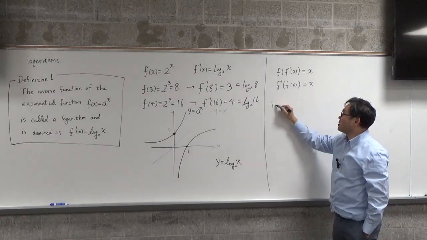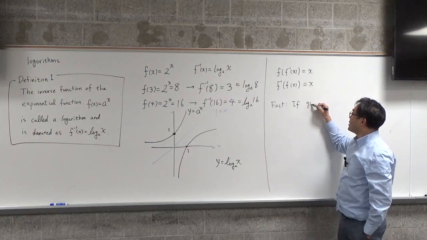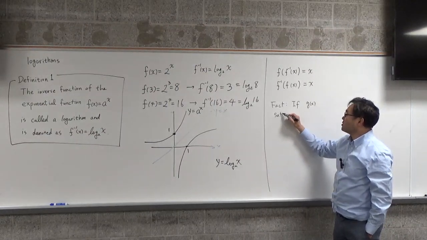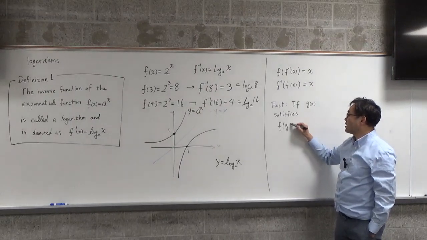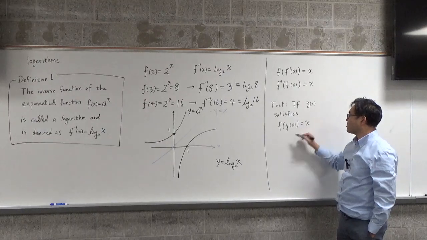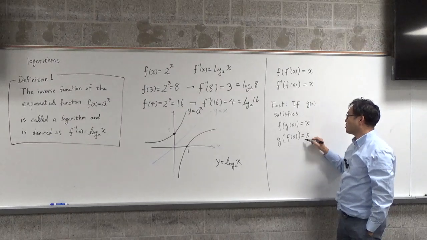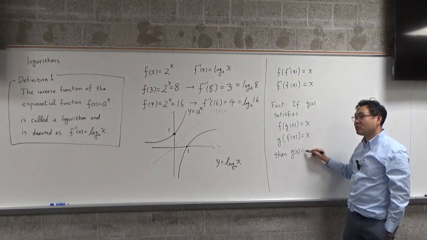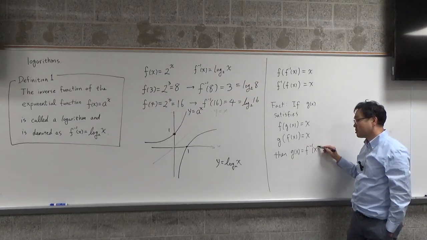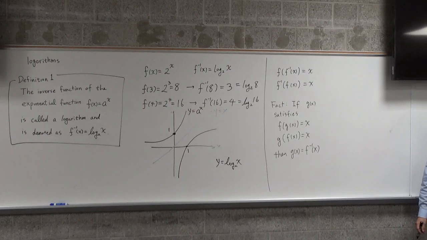The fact is that if g of x satisfies f of g of x equals x and g of f of x equals x, then g of x has to be the inverse function of f. That's a fact you learn as a math major.